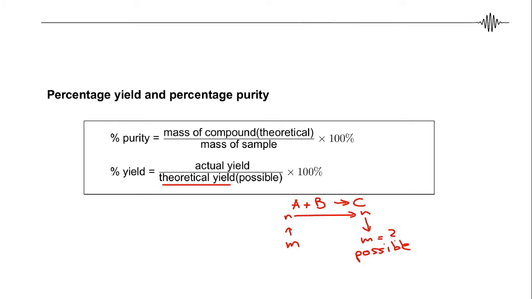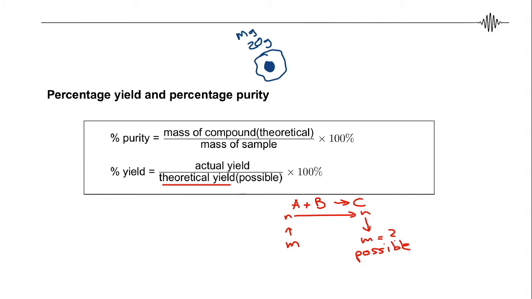Now with percentage purity, remember, they are giving you something that is not pure. Say for instance 20 grams, and they tell you it is magnesium, but they also tell you it is impure. And if it is impure, it means there's some magnesium in there, but there's also a lot of other things. Let's say junk, right? So we've got some magnesium, we've got some other things.